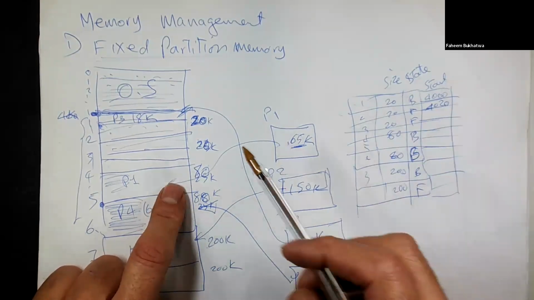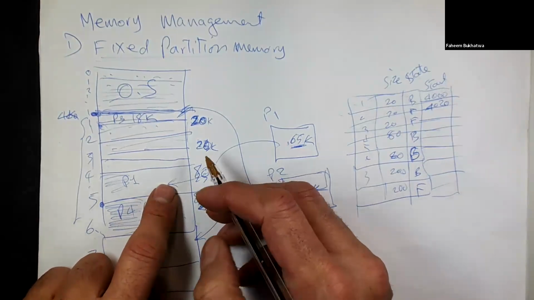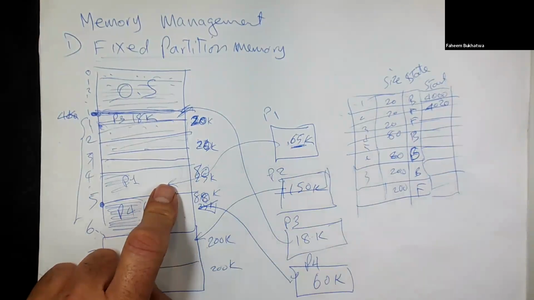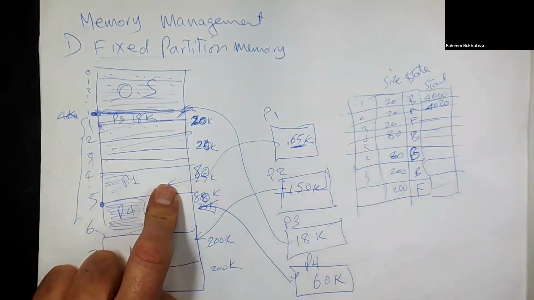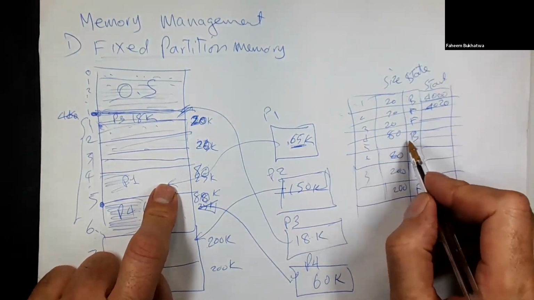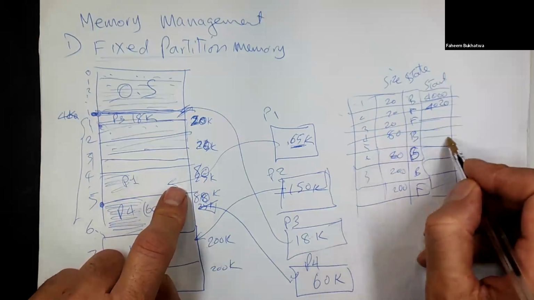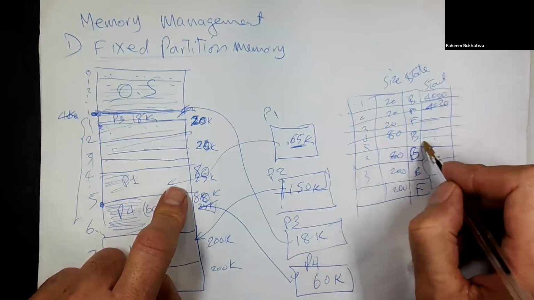So the memory manager should go to that block. It's like a customer leaving a hotel. Room number 130, the customer has left. So we go to the table here, look for that room. That's where program 1 is actually sitting.